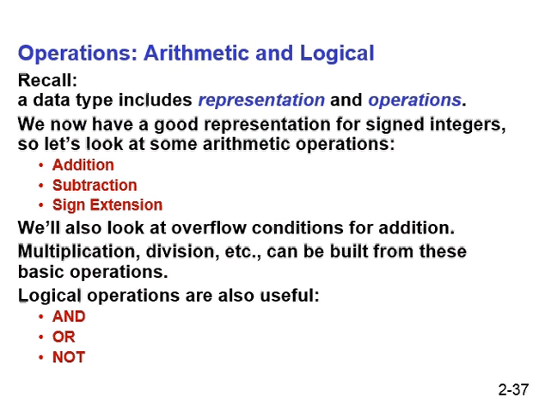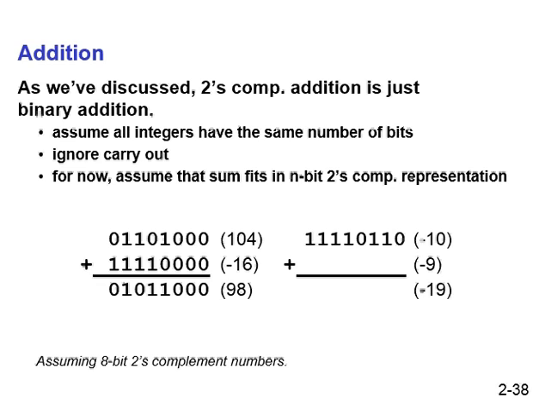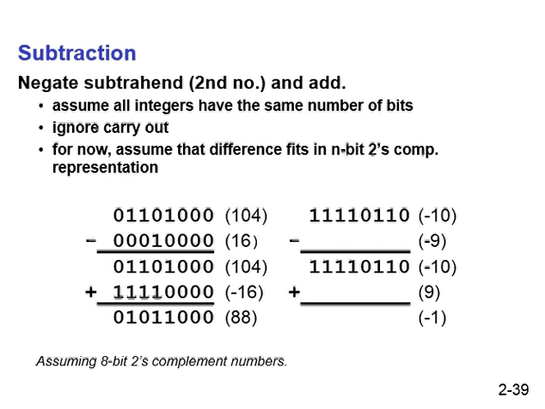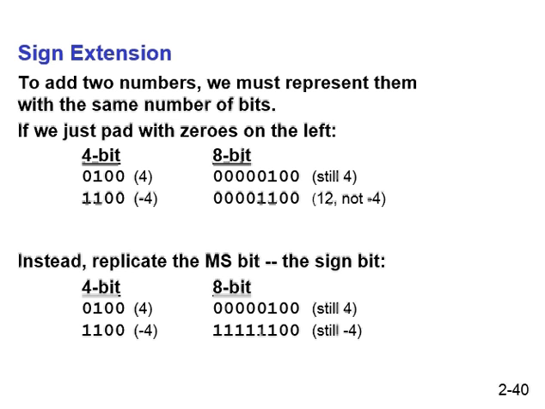And the operations are arithmetic and logical. So you have addition, subtraction, and logical operations AND, OR, NOT. Sign extension: for example, over here you have 4 bits for the combination.